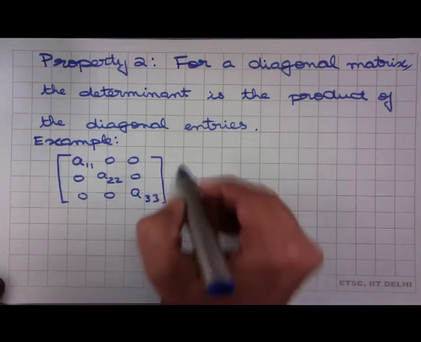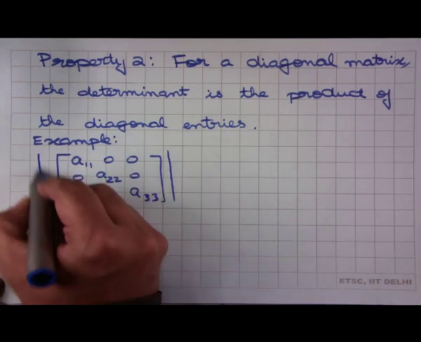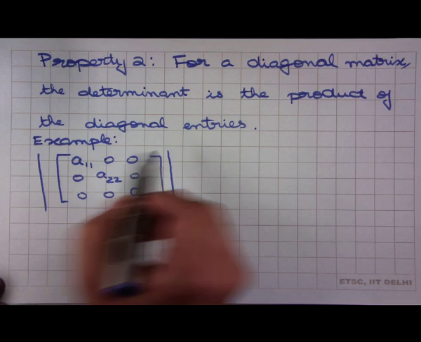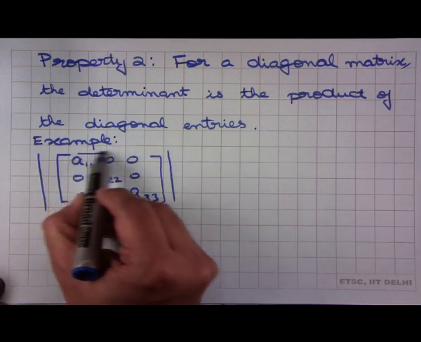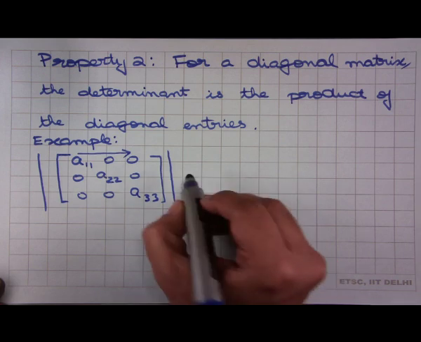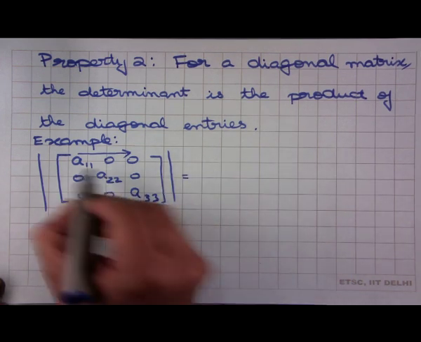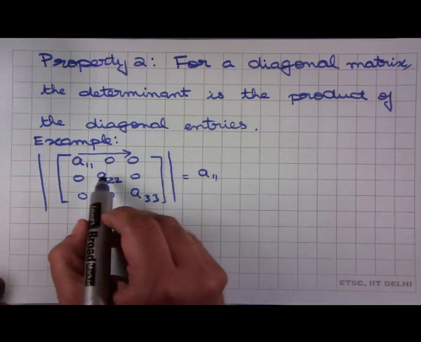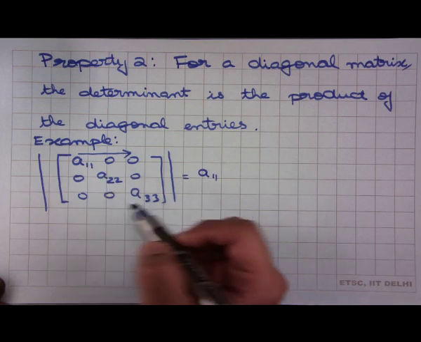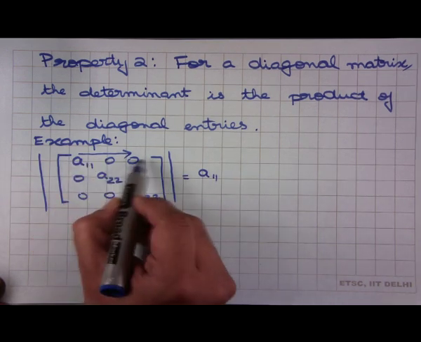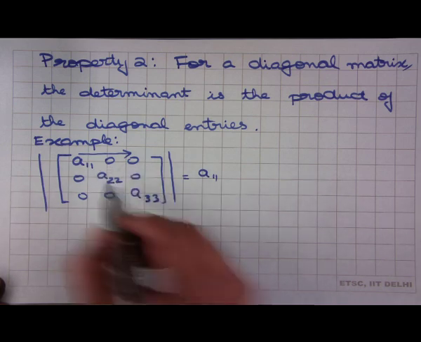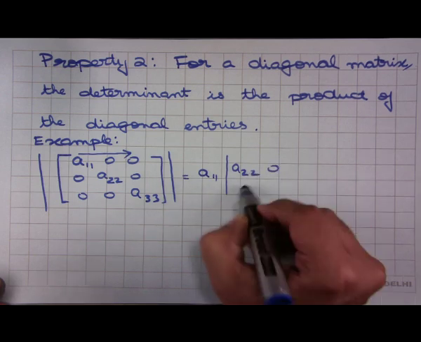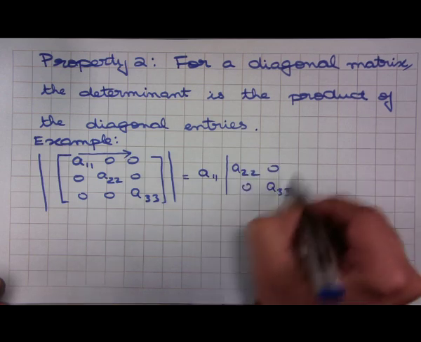Now, if this is a matrix and we want to take the determinant of this, then we can expand along any row or column. So, let us for example, expand along this row. So, this is going to be equal to this entry A 1 1 times its cofactor. So, the cofactor will be obtained, remember, from the definition by deleting this entire row and this column, and then what we are left with is A 2 2, 0, 0, A 3 3.